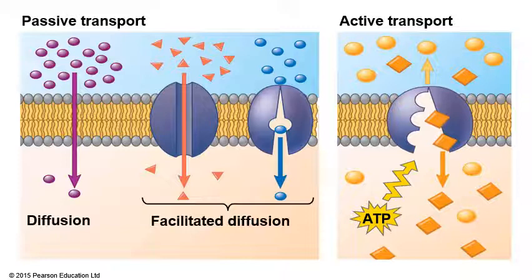But active transport uses ATP, the biological energy form, and transports from low concentration to higher concentration, against the concentration gradient.